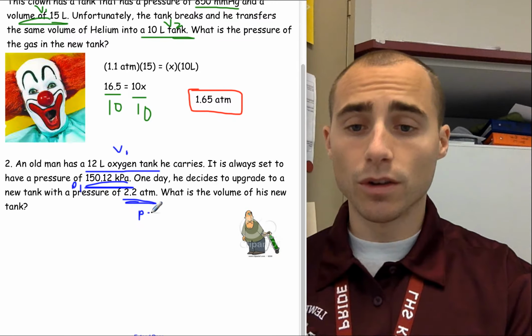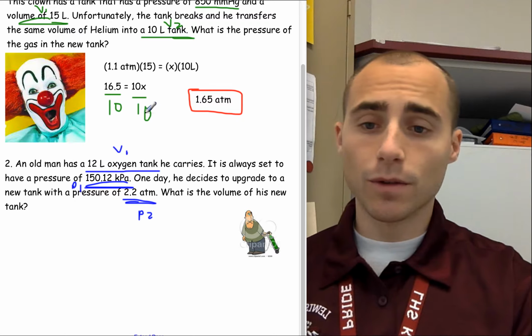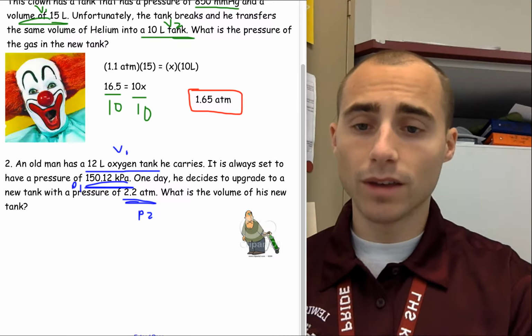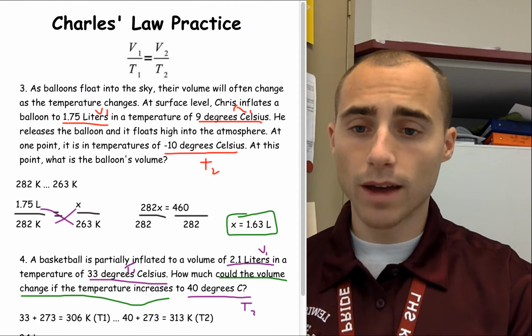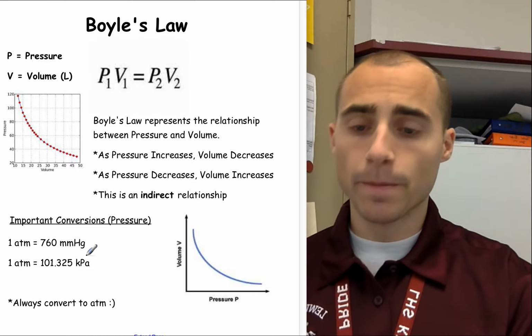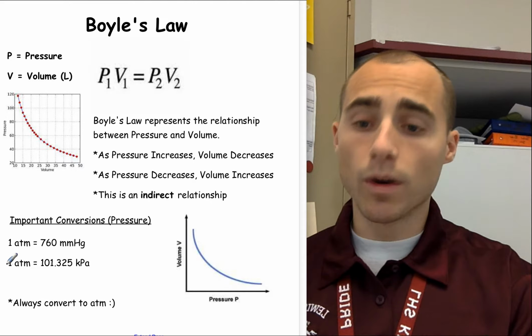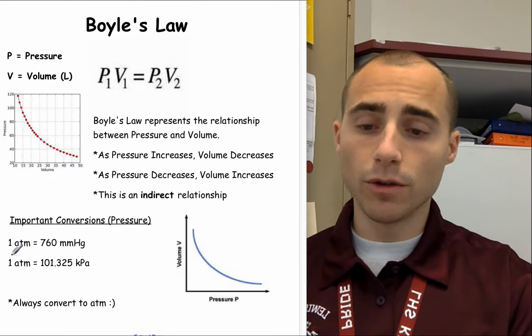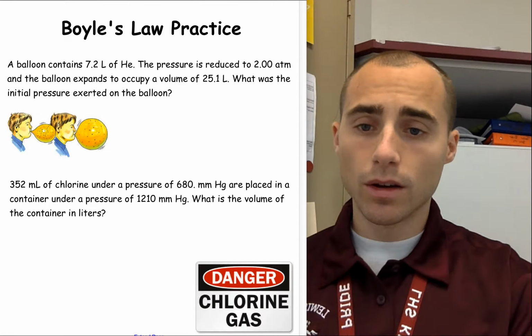What's the first thing we should do, or you should have done, is convert 150 kilopascals into atmospheres. If we go back right here, 1 atmosphere is 101.325 kilopascals.